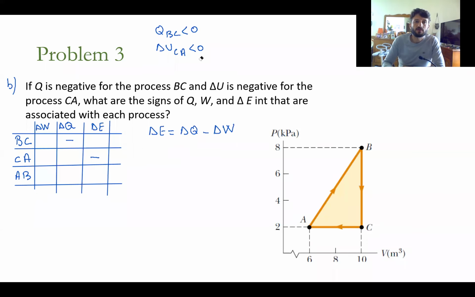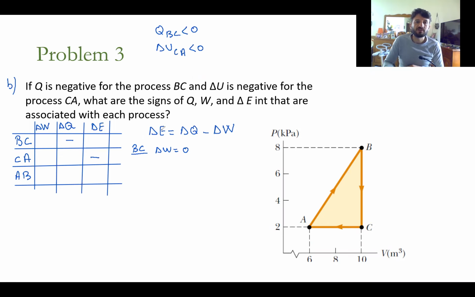Okay, first of all, in the case of BC, we have a constant volume, so d omega must be equal to 0.